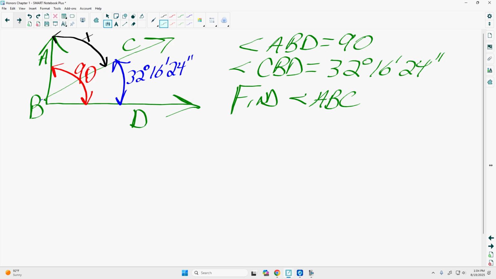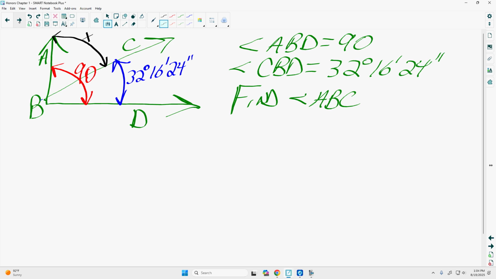And then if I would have said that this is 30, and I put an X there, you would say, oh, well, that's easy. X is 60 because 30 plus 60 is 90. That's all I'm doing with this problem. It's just that the blue ink is scary. So when I subtract, I have to do this.